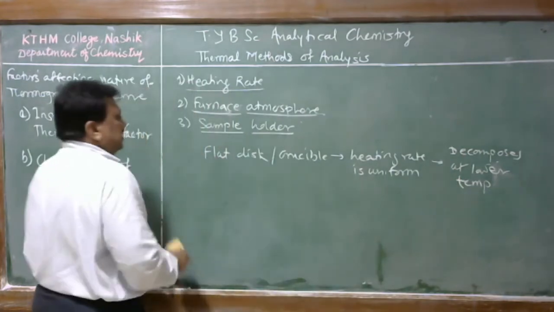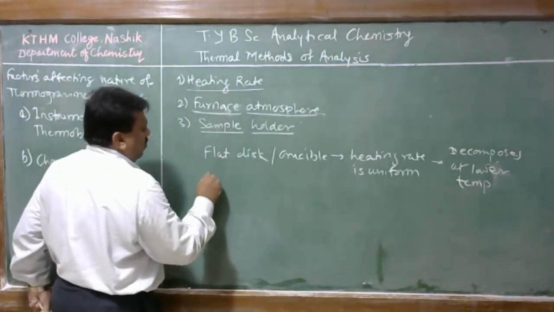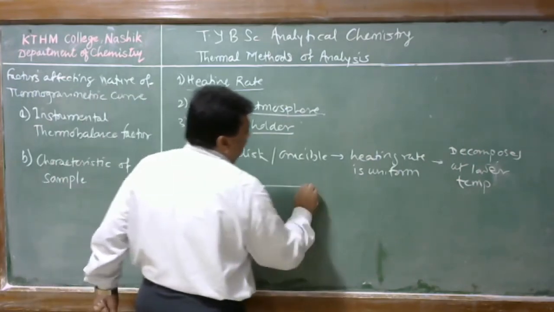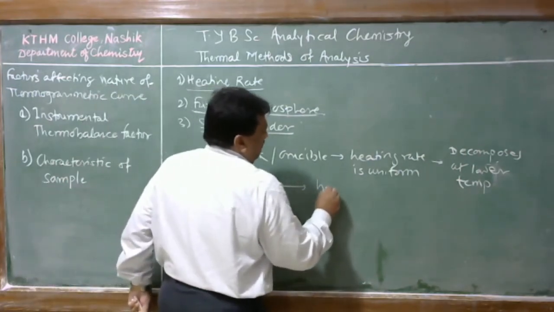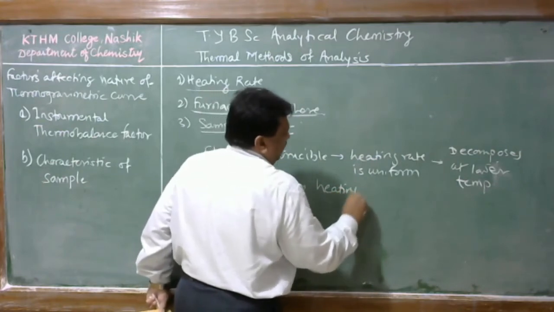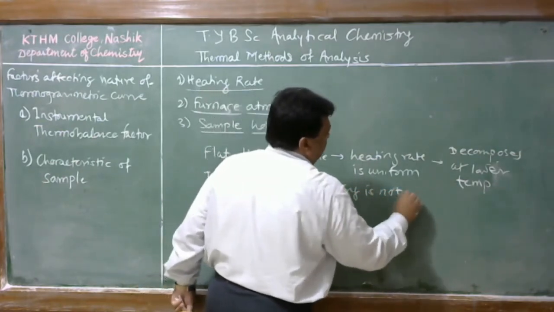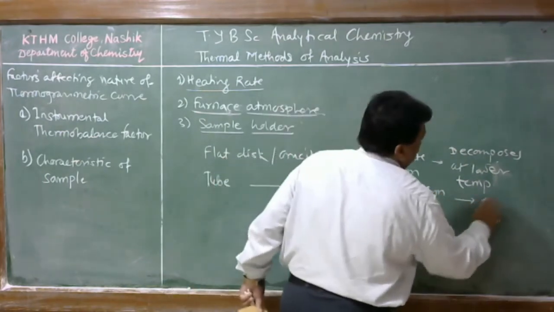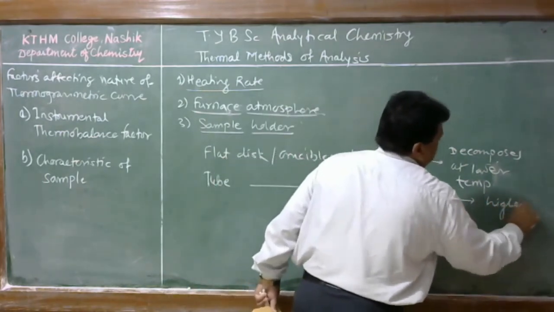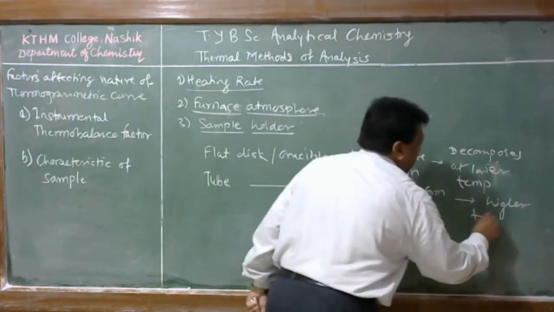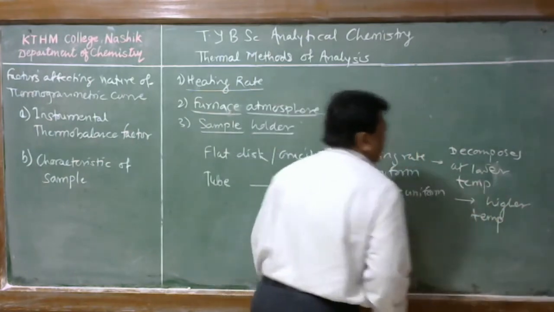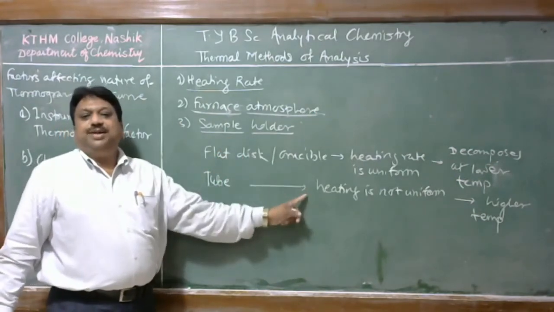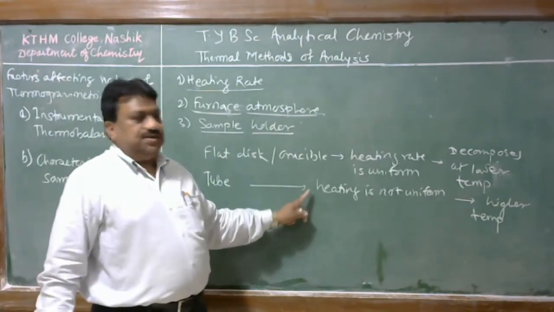And if this sample holder is in the form of a tube, then the sample is in compact form, therefore heating is not uniform, and the substance will decompose at higher temperature. Therefore the sample holder directly affects the decomposition temperature of the substance.